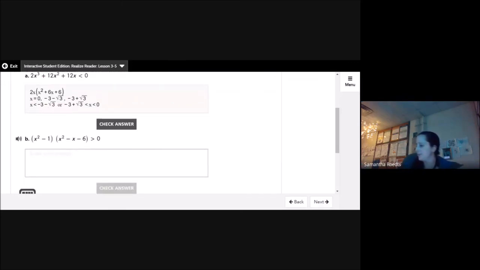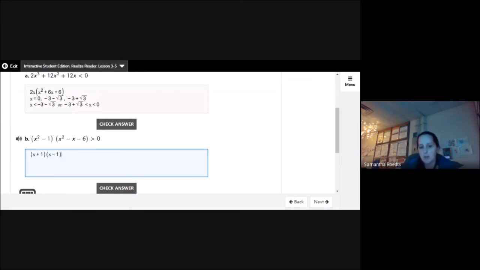Letter B, I have x squared minus 1 times x squared minus x minus 6 is greater than 0. So x squared minus 1, okay, that's the difference of two squares. So that gives me x plus 1, x minus 1.